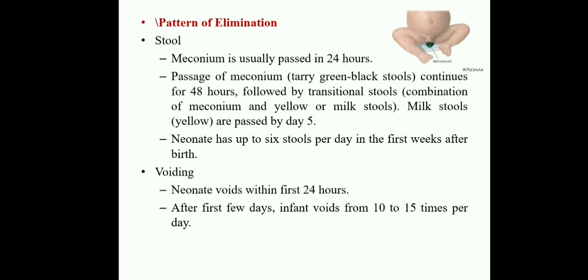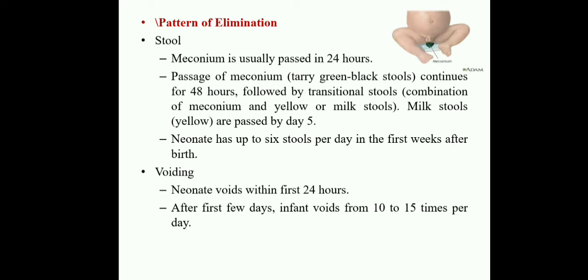And next one is passage of meconium. What is the composition of meconium? It is tarry green black stools. Meconium looks like tarry green black stools, and continues for 48 hours. These types of stools continue for the first 48 hours, followed by transitional stools. Transitional stools means a combination of meconium and yellow or milk stools.